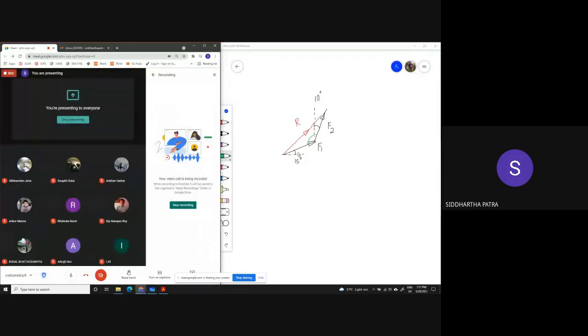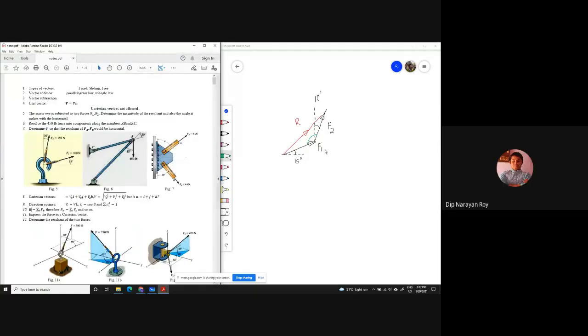So F1 makes an angle of 15 degrees with the horizontal, and here is F2. 115. Okay, how did you get that? So 15 plus 10 plus 90, right? If I draw a horizontal line, this angle is also 15, then 10 plus 90. So this angle is 115 degrees.